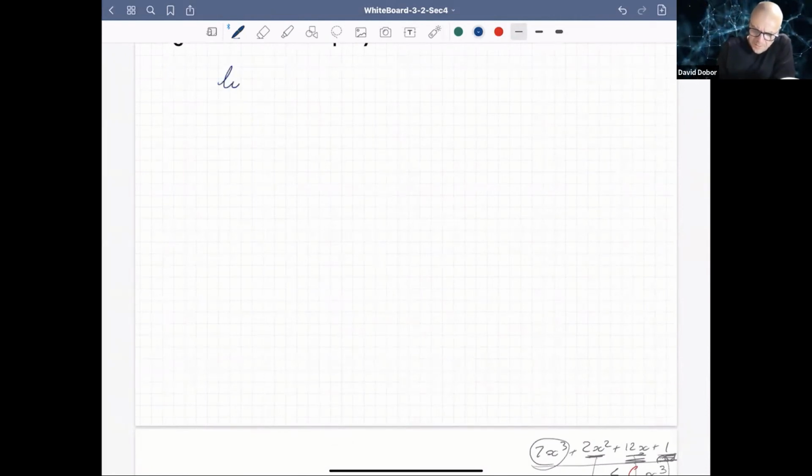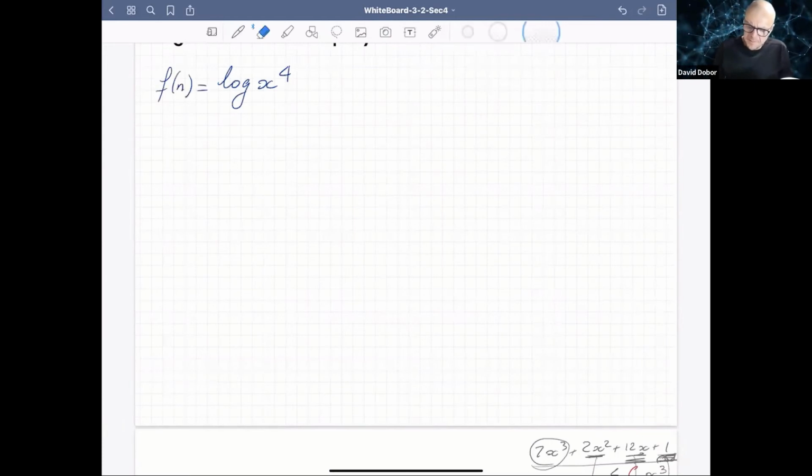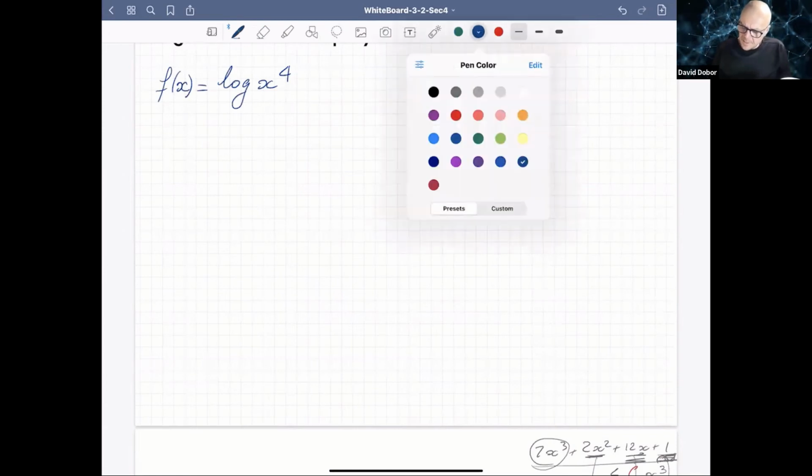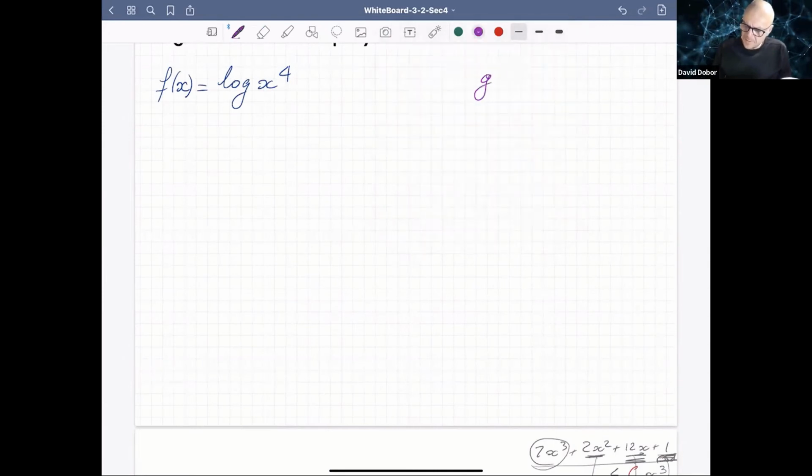You have on the one hand x to the fourth, this is my f of x. And on the other hand, let's get more dramatic with colors, you have g of x, which is log of x.